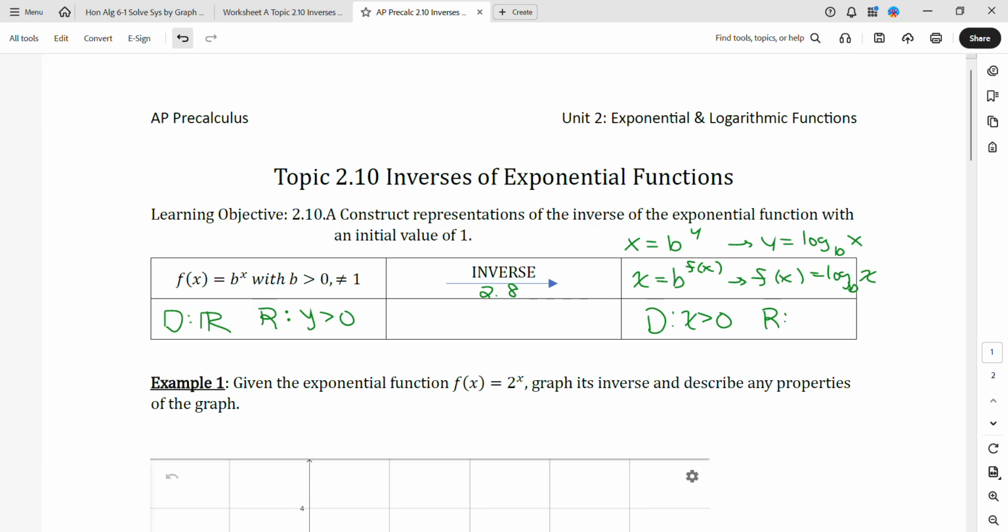All real numbers. If we understand the properties of an exponential function, we will automatically know the properties of a logarithmic function because they are inverses.